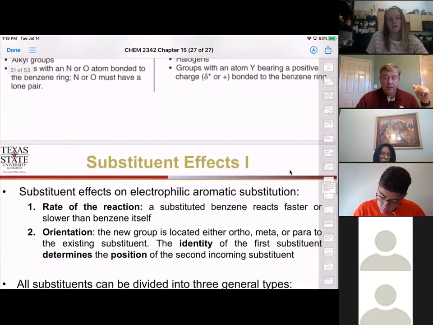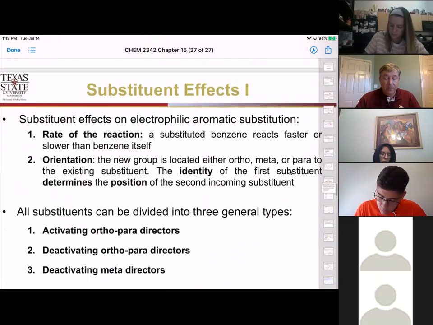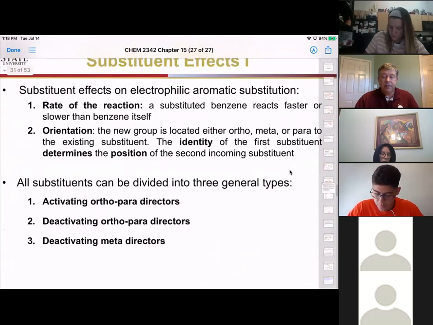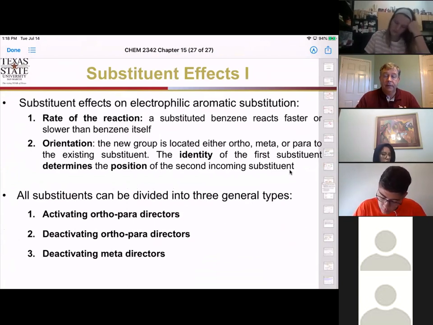Okay, so how do these different substituents affect the reaction? The first way that these substituents can affect the reaction is by changing the rate of the reaction. If you have an electron donating group on there, the reaction will always go faster than benzene itself.